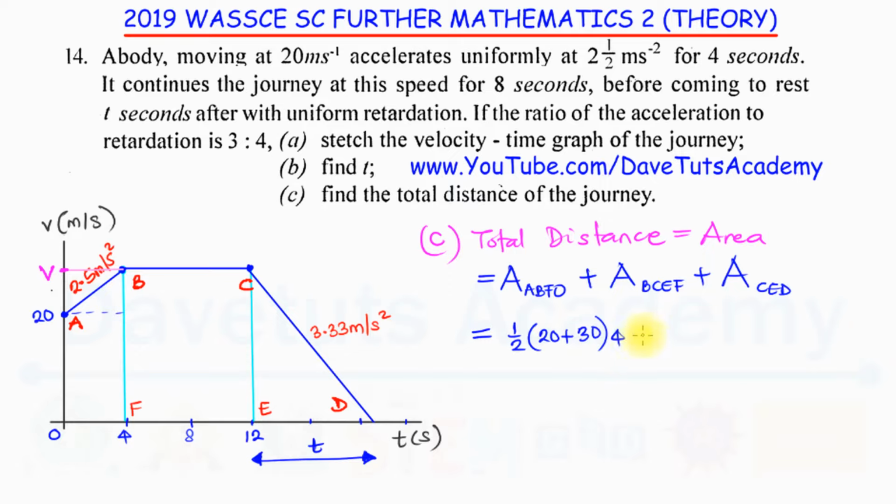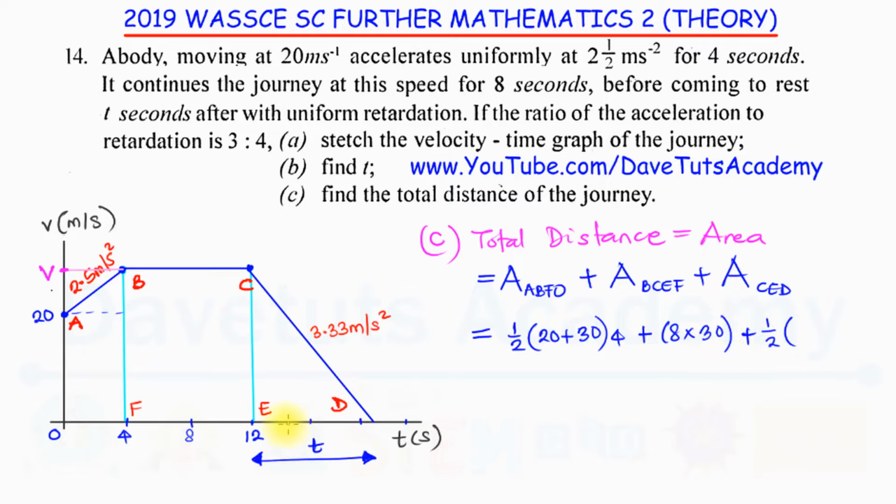Okay, so that's the first case, plus the area of the rectangle BCEF. Now this length is 12 minus 4, which is 8, so I have 8, multiplied by this height, which is 30, so it's 8 times 30, then plus the area of this triangle CED, and I can say it is half base times height, so that is 1 over 2.